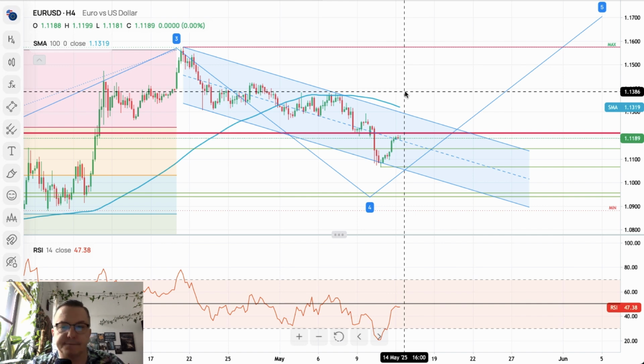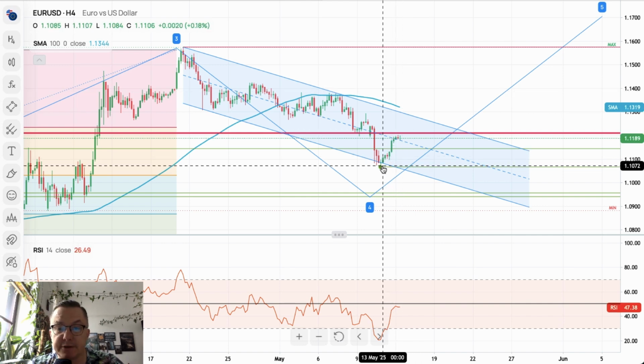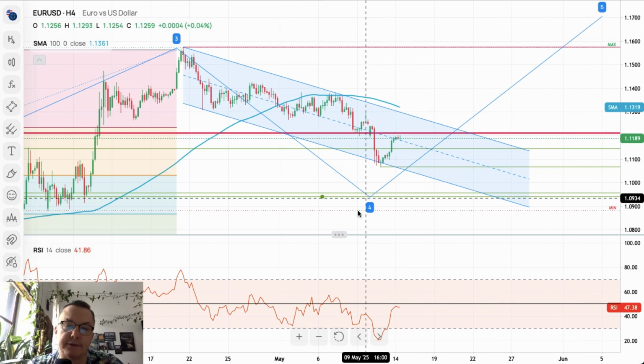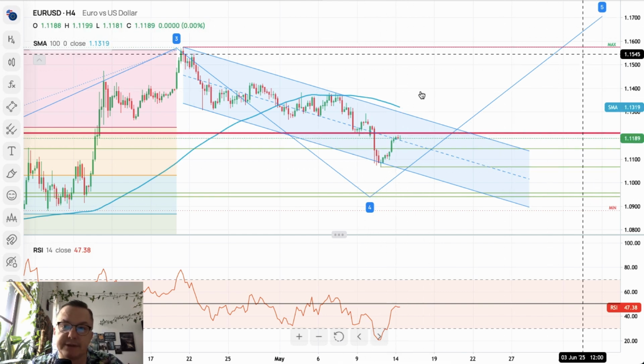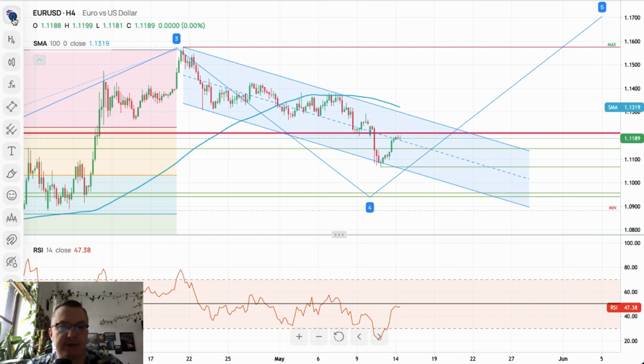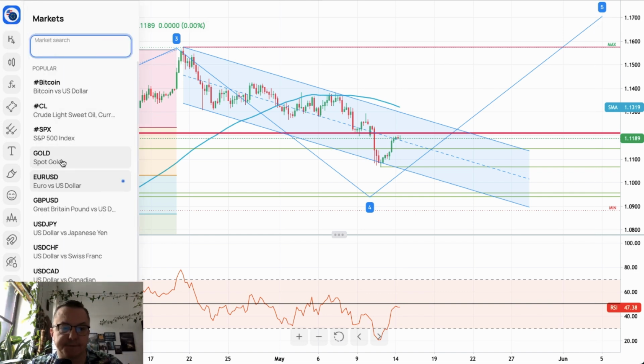If we get there, the chances that the bottom is already done at 1.1064 are higher, and if the movement to the upside is impulsive, there are chances for wave 5 to unfold shortly. So that's the euro dollar.